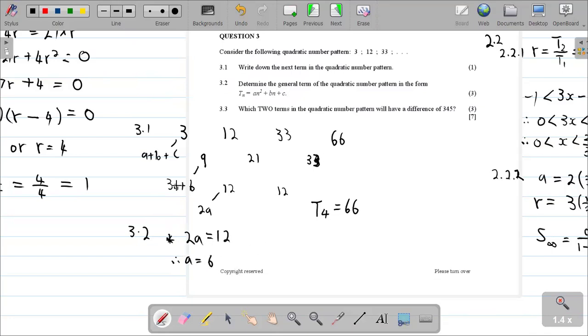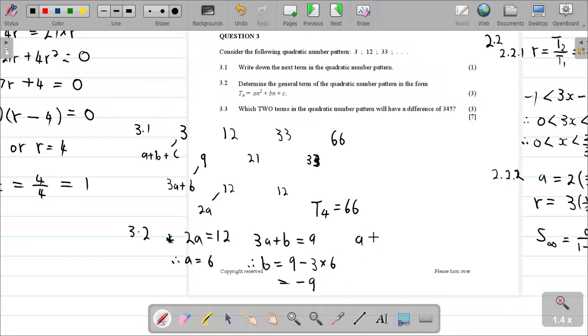Then we know that 3A plus B equals to 9, so B equals to 9 minus 3 times 6, so B is going to be equal to -9.